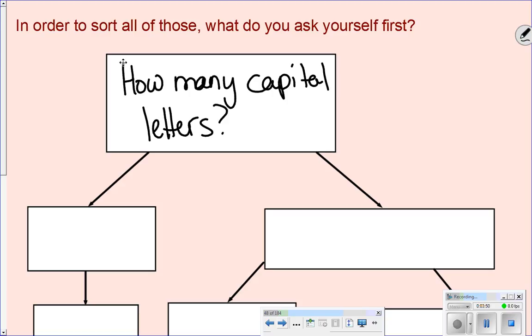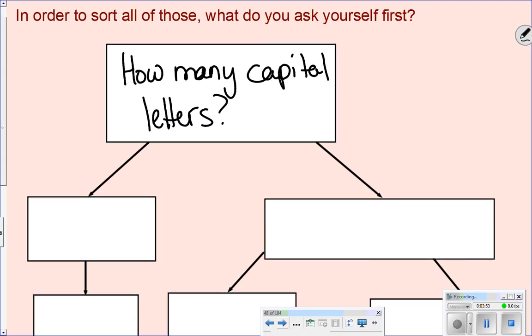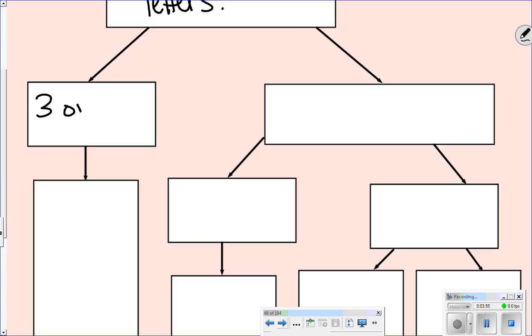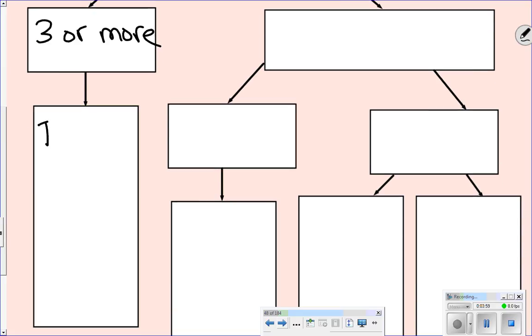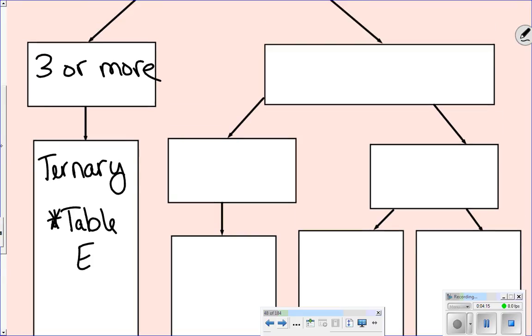If your answer to how many capital letters you have is 3 or more, then you can go right into ternary naming, and that is our table E naming. You can go back over those steps, but again, we would name the first thing, name the second thing. If it's from table E, we don't change its ending.